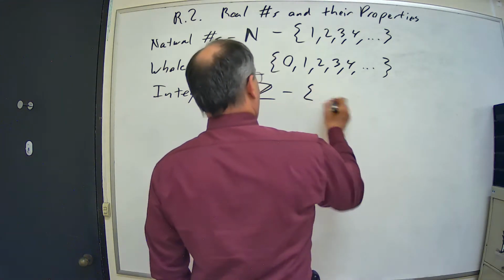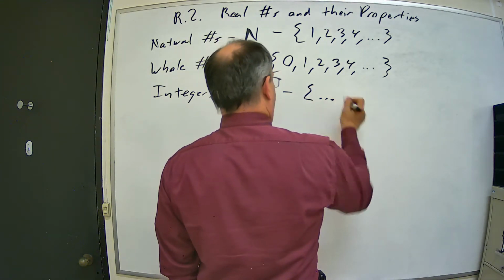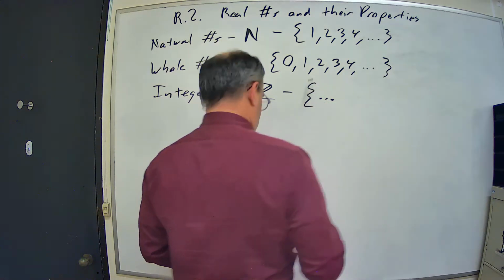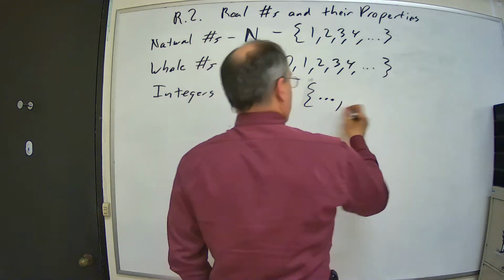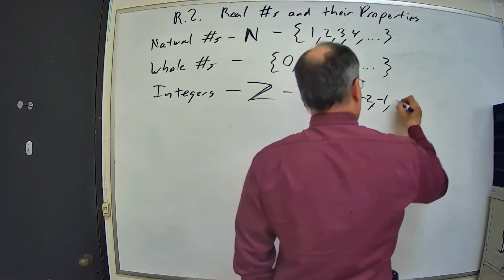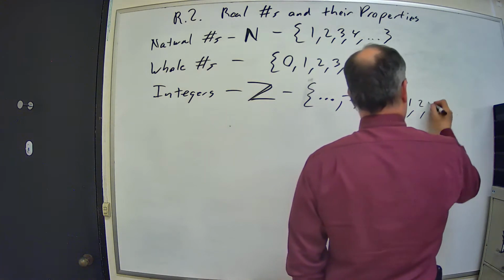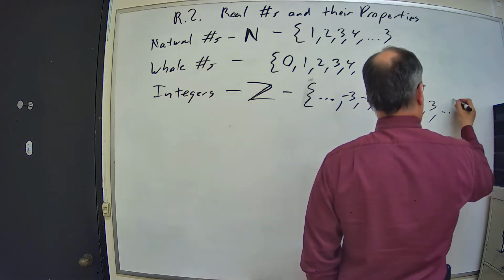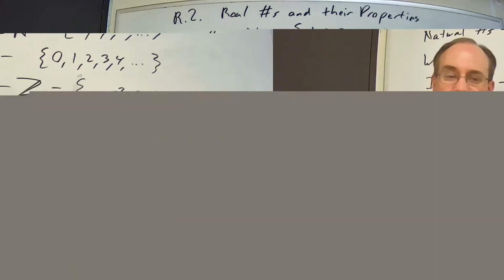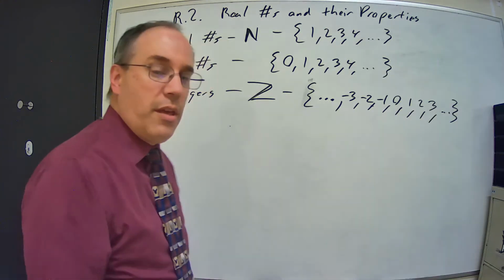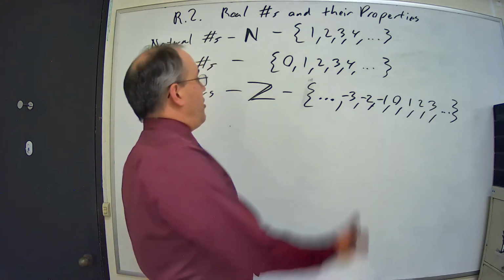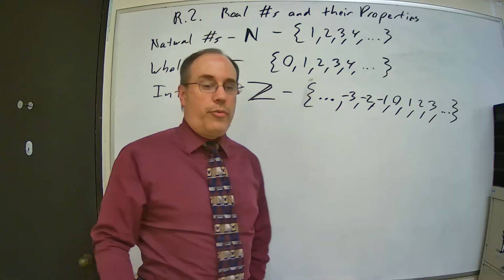So we have, I'm going to do an ellipsis beforehand and get rid of what looks like a summation. So ellipsis, -3, -2, -1, 0, 1, 2, 3, dot, dot, dot, ellipsis. So those are your integers. Now, integers, like I said, they're signed whole numbers.